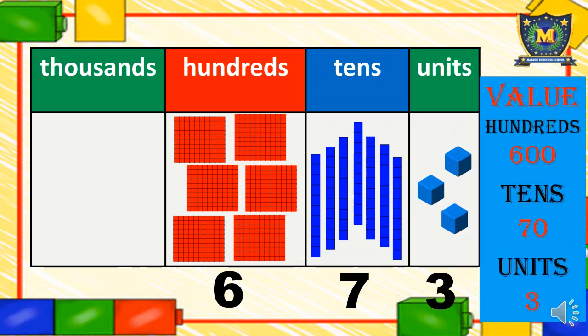For units, we have 3 units, so the value is 3. For the tens place, we have 7 rods, and the value for 7 rods is 70. Again, remember that 1 rod is equal to 10. Let's proceed to the hundreds place. We have 6 flats, and the value for 6 flats is 600, since 1 flat is equal to 100.